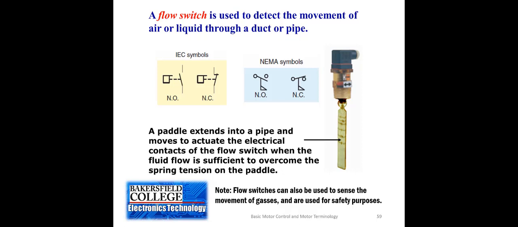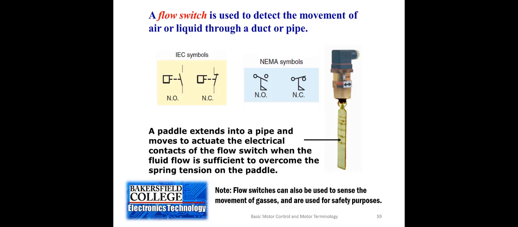An example of that would be a flow switch that works in conjunction with a burner or a boiler unit. If we turn on the burner and there is no flow, then we need to shut the system off because there is a fault somewhere.